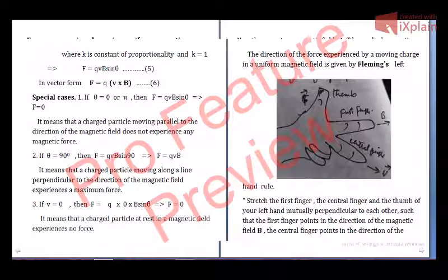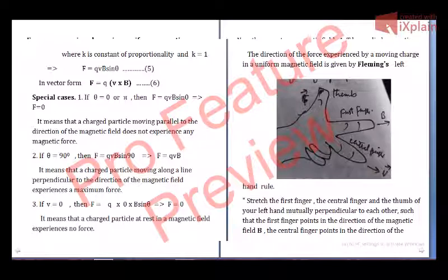And if you write this equation in vector form, we have only two vectors here, that is V and B. Q is a scalar. So I have again used bold letters. In this chapter, bold letters will represent vectors and small letters will represent scalars. So F in bold means it is a vector, V is a vector and B is a vector.